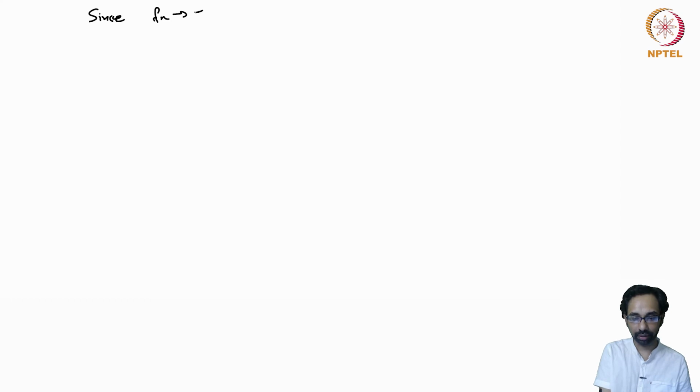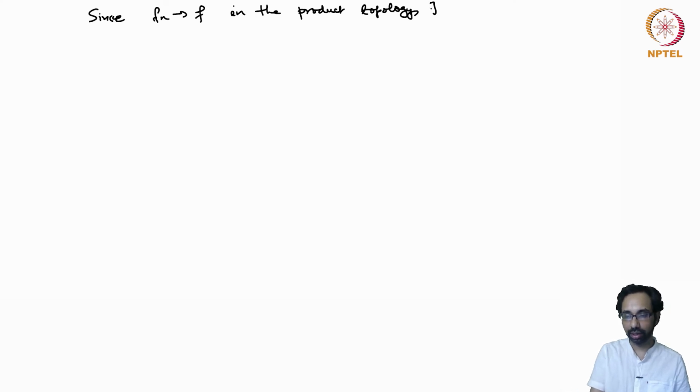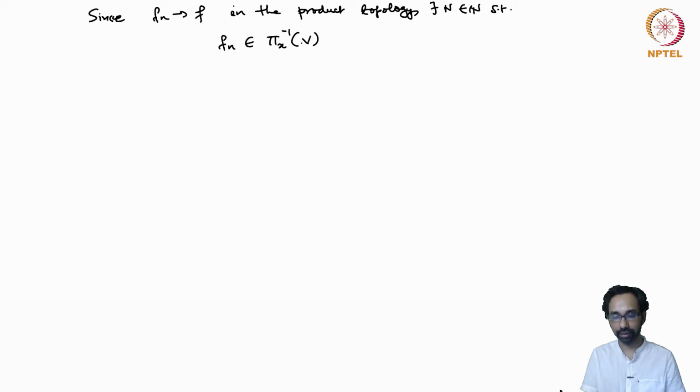Therefore, there exists a capital N such that f_n belongs to this neighborhood of f, which is given by pi_x inverse V in the product topology, for all n greater than or equal to capital N.